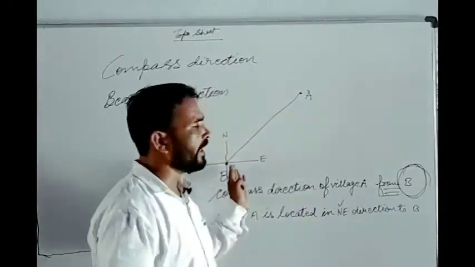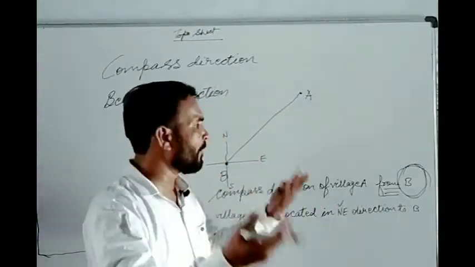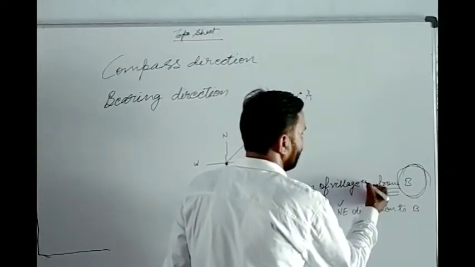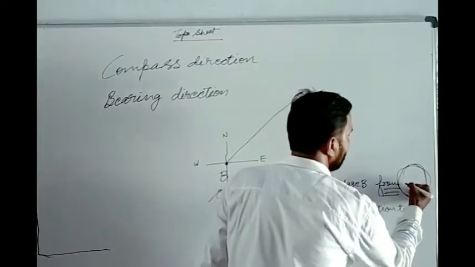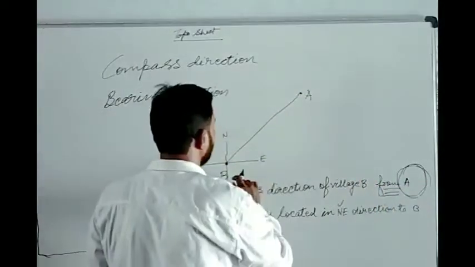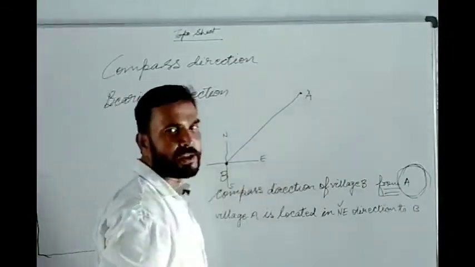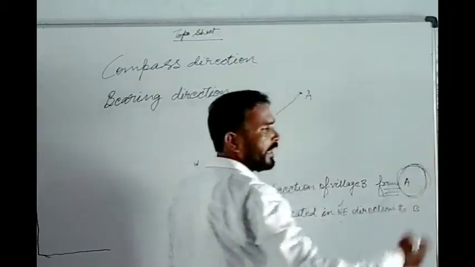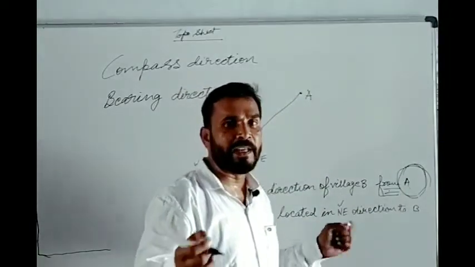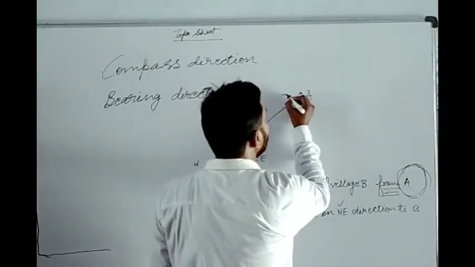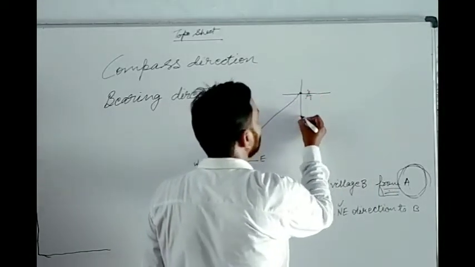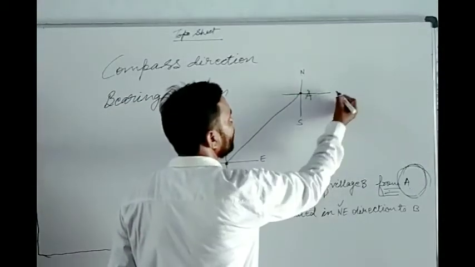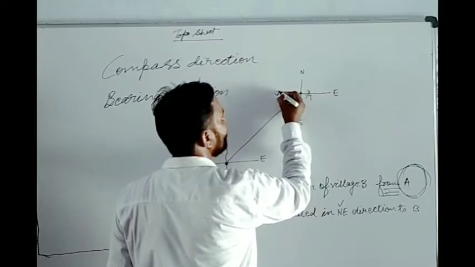Okay. Suppose the question is just opposite to this. If they are asking what is the compass direction of village B from village A? From village A, what is the compass direction of village B? Then in this case, after the word from, village is given A. So what will we do? At place A, we will make one plus mark. And afterwards you can clearly see north, south, east and west.